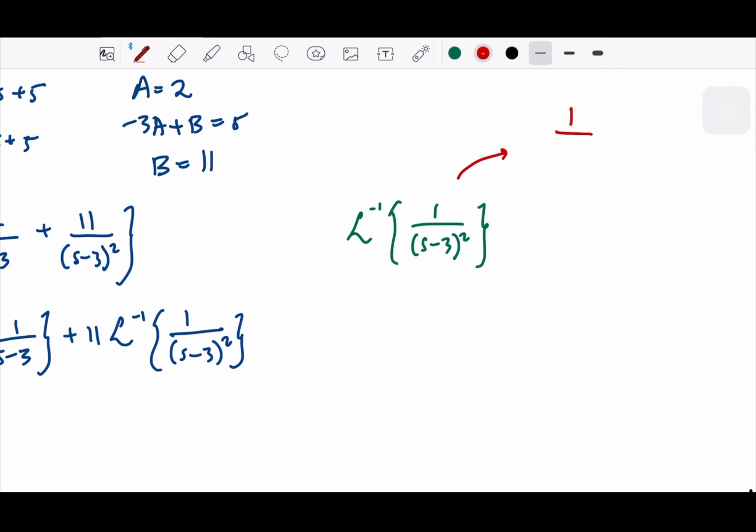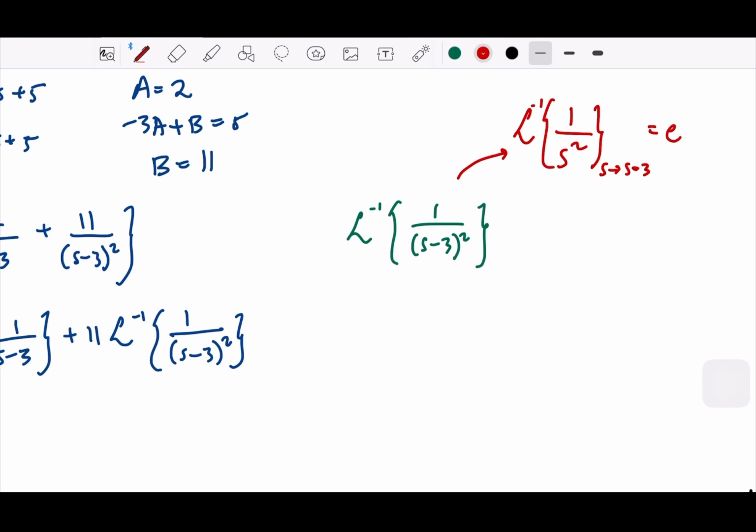This is coming from 1 over s squared, whose Laplace inverse is just t. But now it's s minus 3, so we are changing from s to s minus 3, which means shifting 3 units to the right.